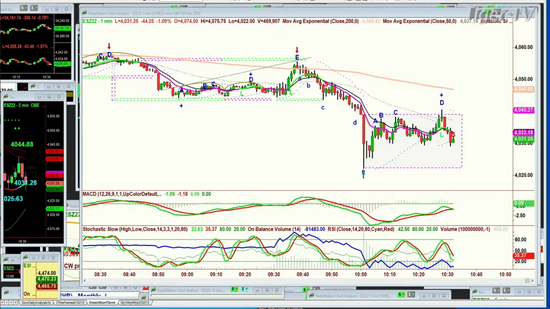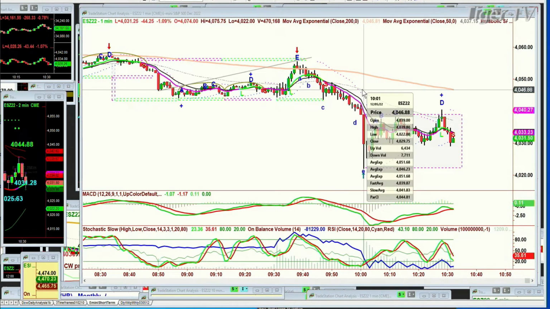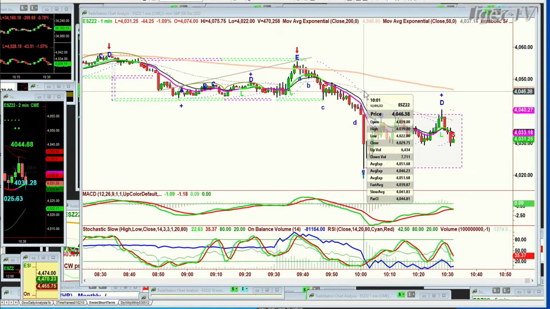In this case, it was the high of the candle in the 1 minute chart right here, a high of 4,039, a round number.